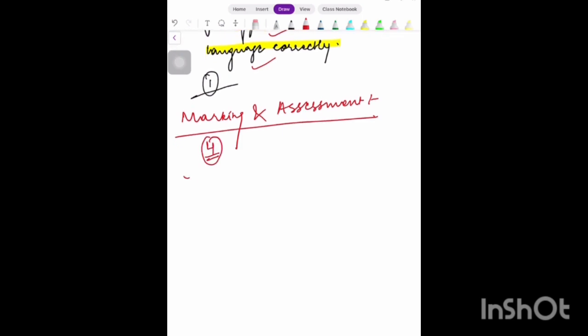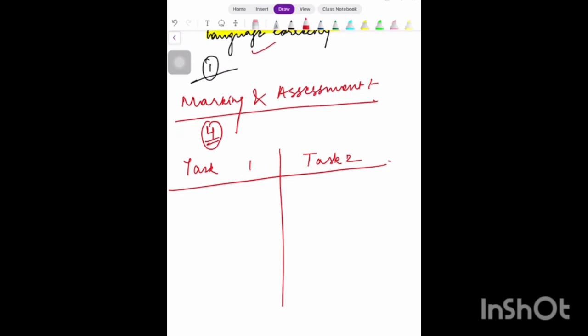So what parameters will there be for Task 1 and Task 2? I'll be writing it down here. Out of these 4, only one is uncommon and 3 are common. So I'll first discuss the one that is uncommon, and that is in Task 1, the first parameter on which you will be given marks is task achievement.